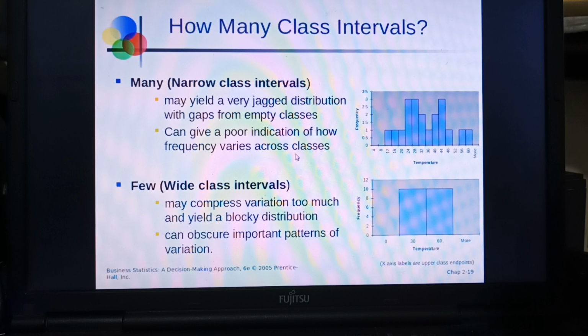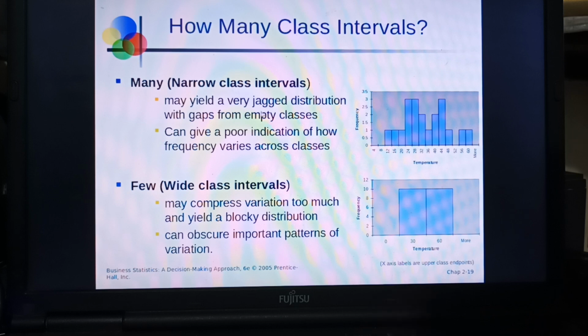Here, how many class intervals? When there are many, that could result in narrow class intervals like this. If there are many class intervals, when you plot them, they are small, slim.